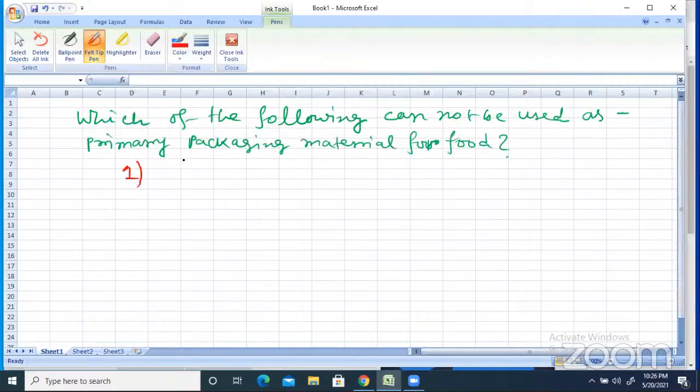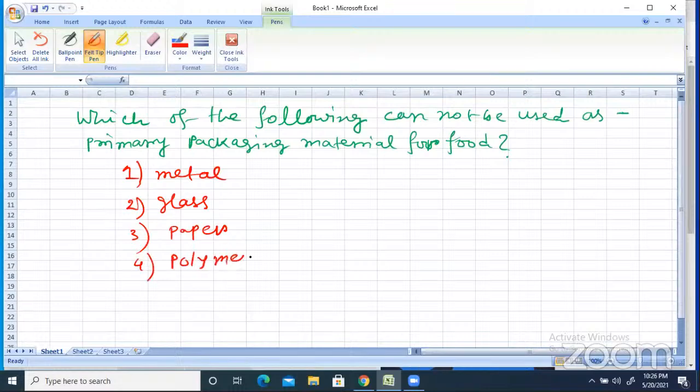Number 1, metal. 2, glass. Number 3 option, paper. Number 4, polymer. Number 5, none.